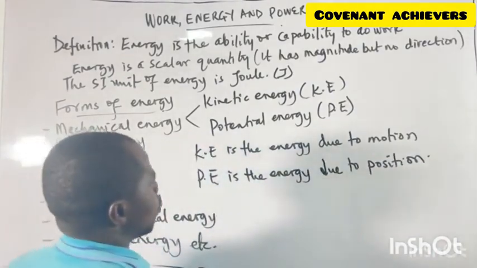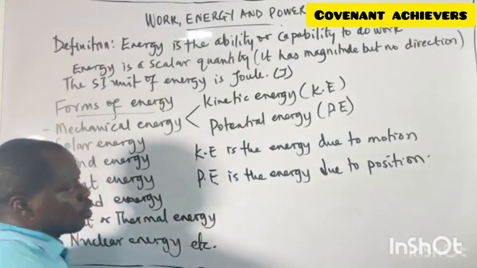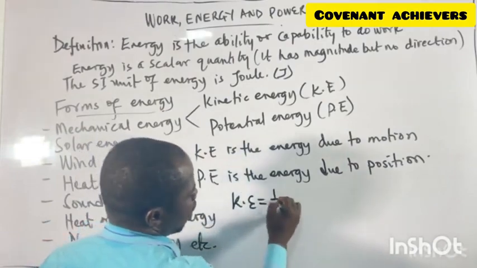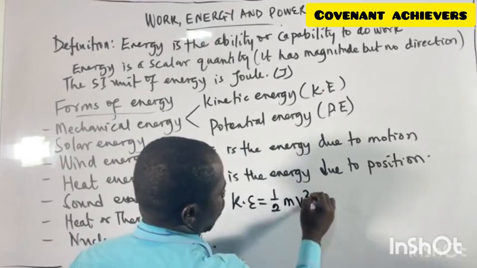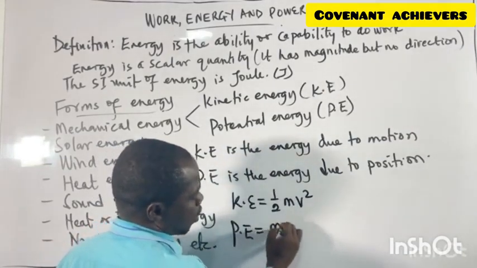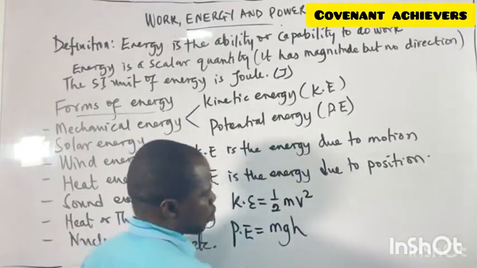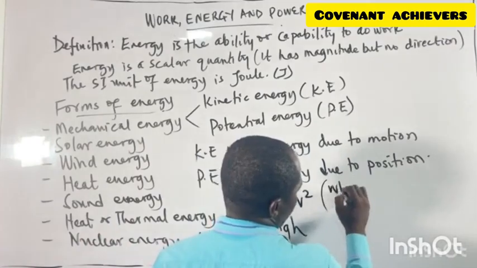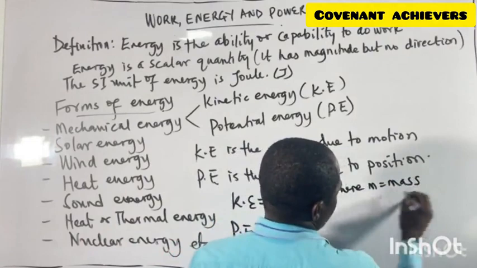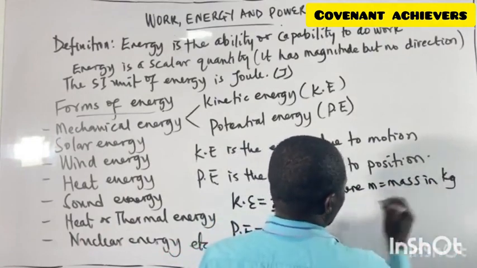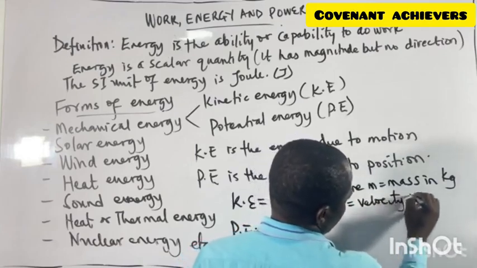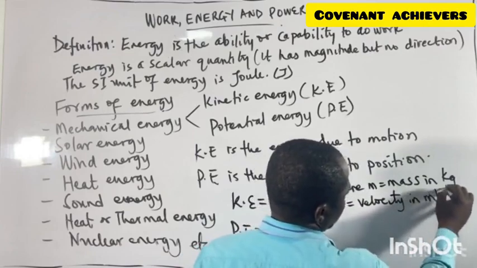And also, when you look at the kinetic energy, how do you calculate it? The kinetic energy is calculated as half mv squared, while the potential energy is calculated as mgh. In this case, m is equal to mass in kilogram and v is equal to velocity in meter per second.